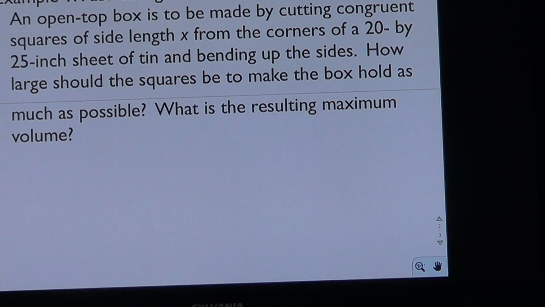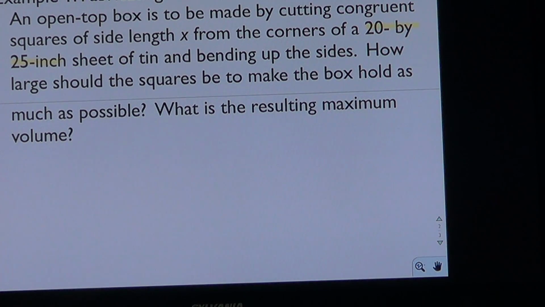The 20 by 25. Okay, we have a 20 by 25 inch sheet of tin. And what else? What are we doing with it?